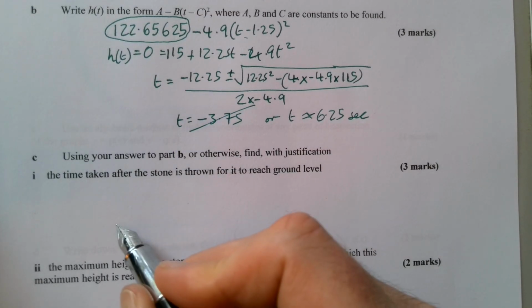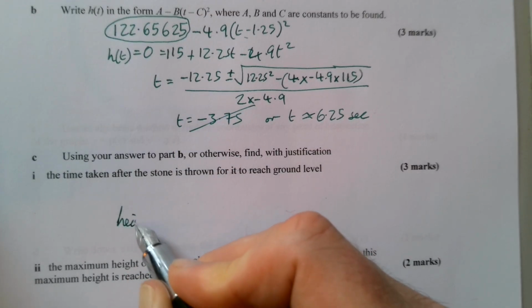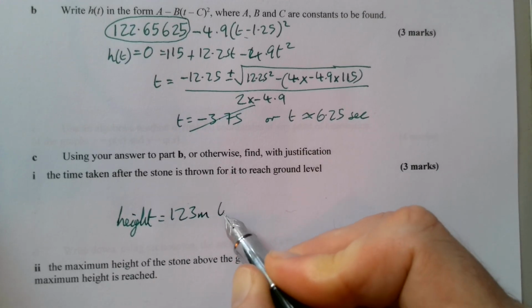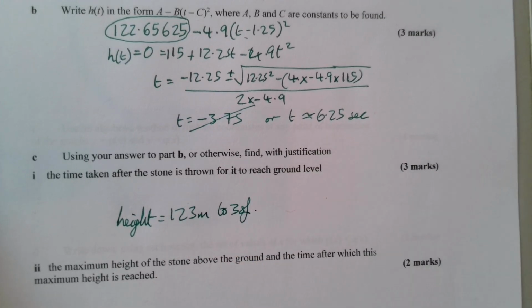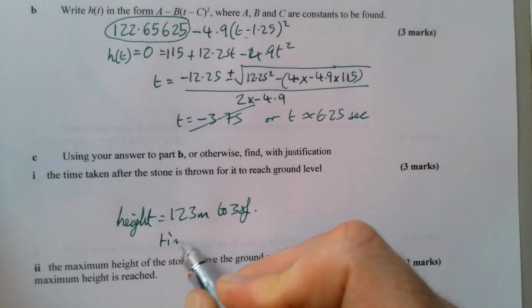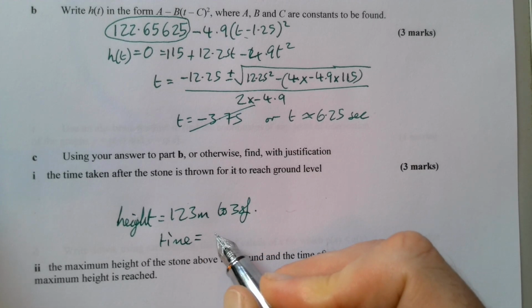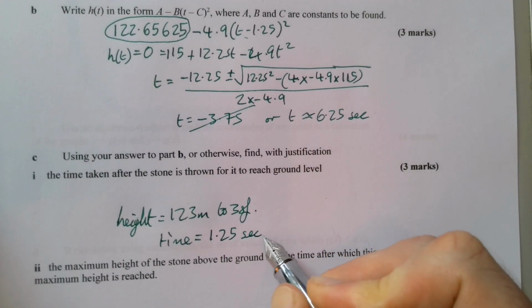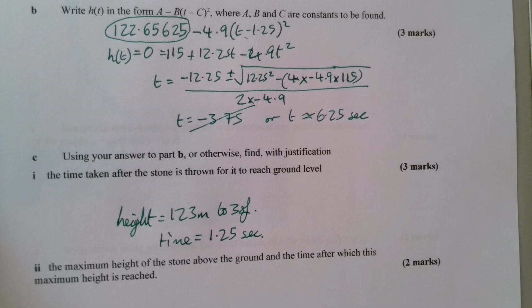So the max height is just going to equal 123 meters to 3 significant figures, and the time is going to equal 1.25 seconds, as that's the point at which the bracket's worth 0, and therefore we get our 123 meters.